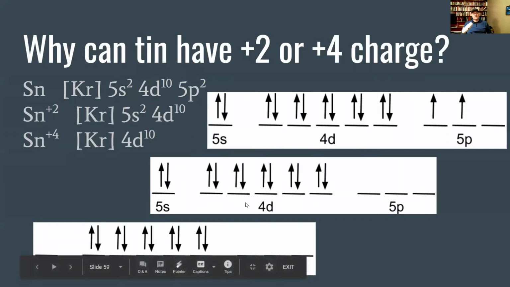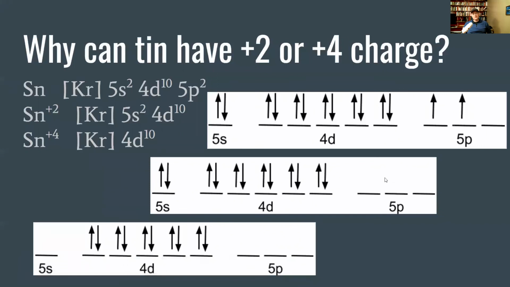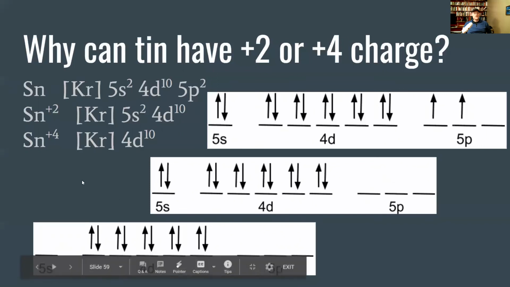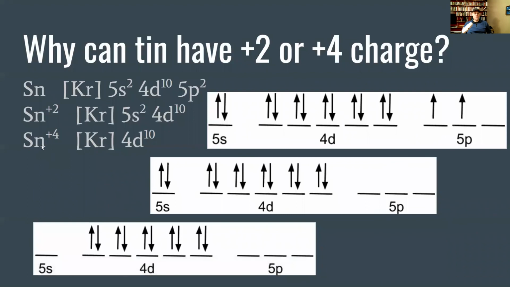While 5p and 5s are both in the same energy level, remember these are going to be the higher energy, and those are going to get pulled off first. Then with the positive 4 charge, all of the 5th period or the 5th energy level electrons got removed. So you'll notice that I have an electron configuration for tin 4+ at just 4d10.